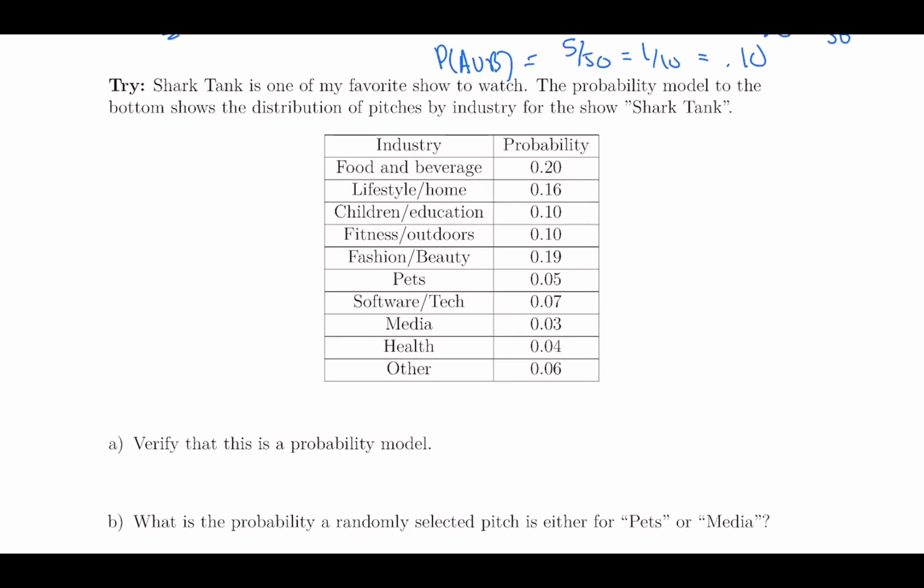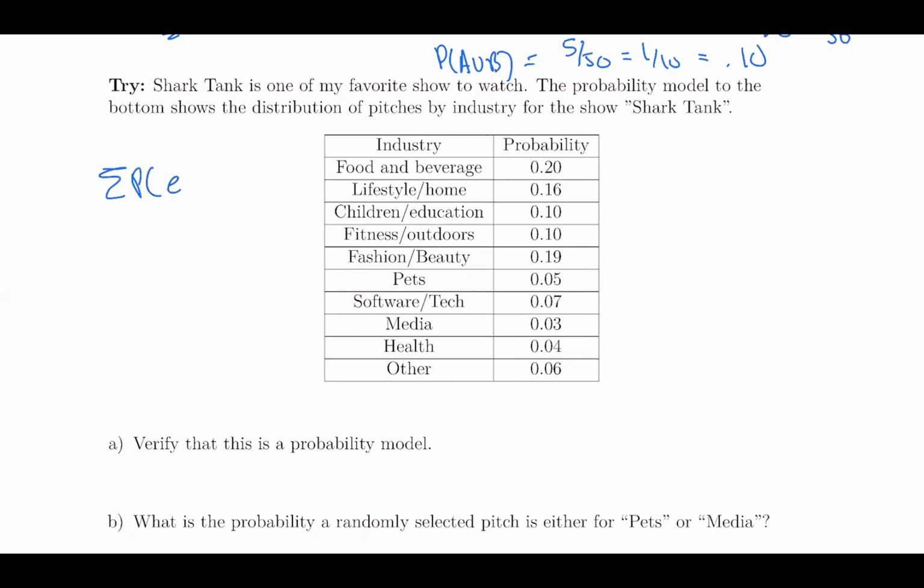For part A, it says verify that this is a probability model. How can I verify that this is a probability model? What are the conditions or rules that I have to check? Cool. Somebody says it should sum up to 1.